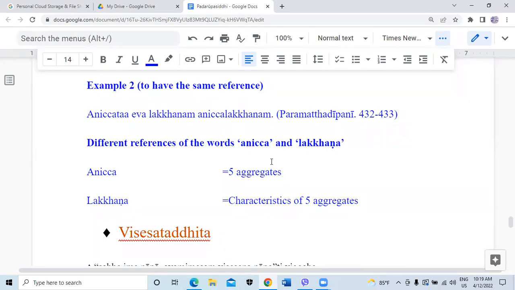That is the question. Because in the Pali text, we don't see aniccata lakkhana, right? We just see anicca lakkhana.